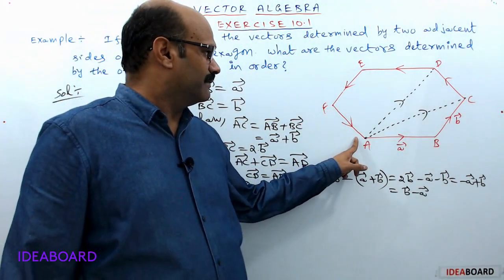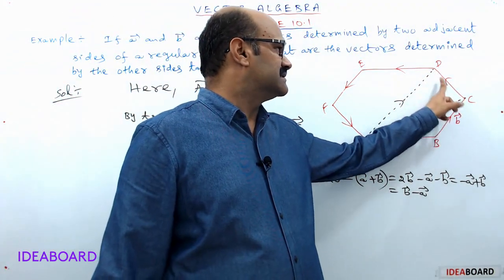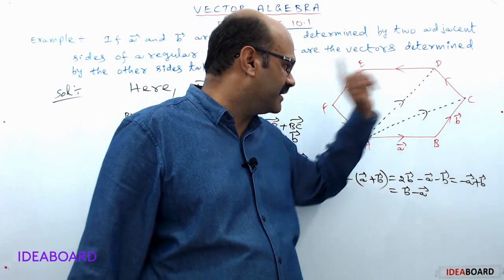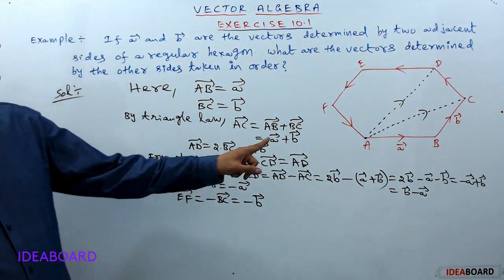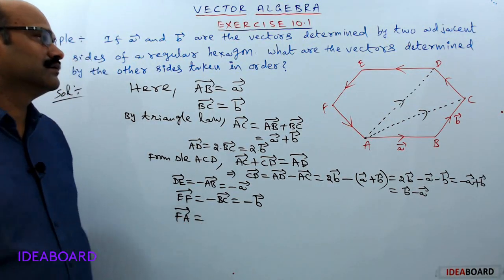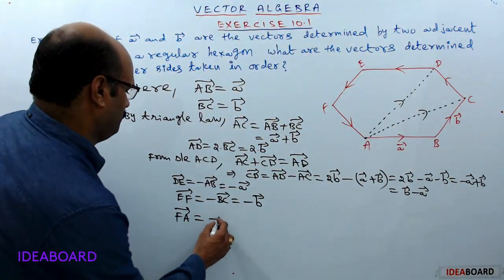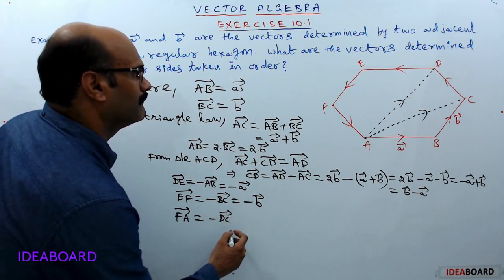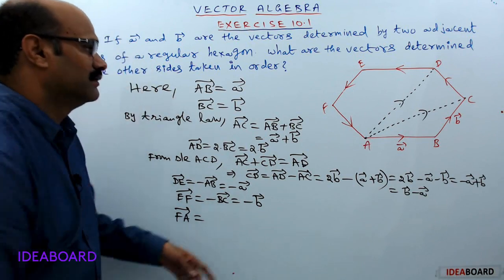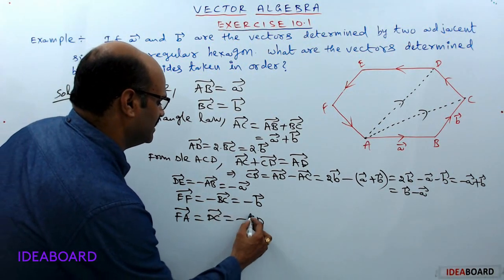Next, FA vector. It is parallel to CD vector, but the direction is opposite. Magnitude is the same. So FA vector equals DC vector, which is nothing but minus CD vector.